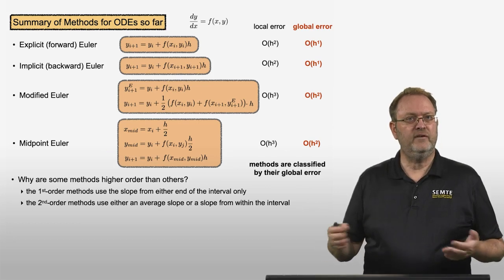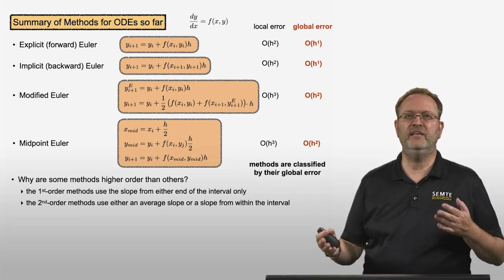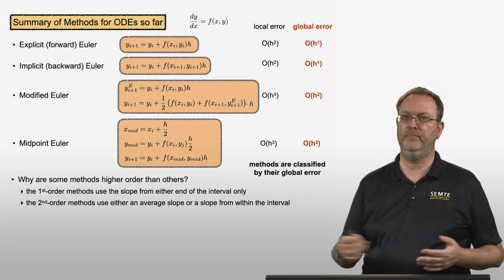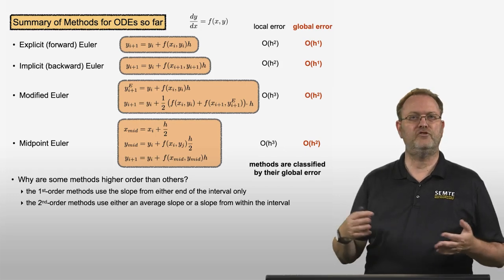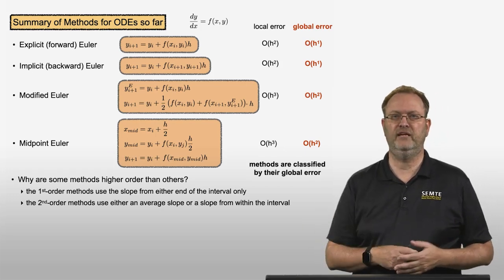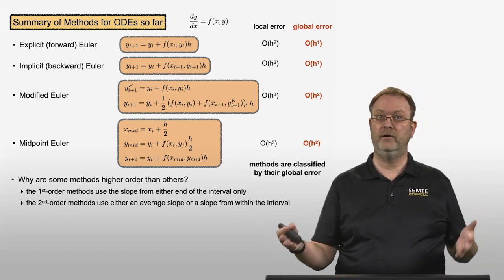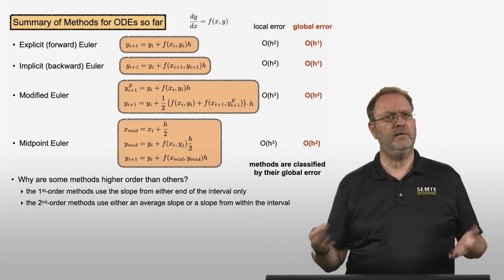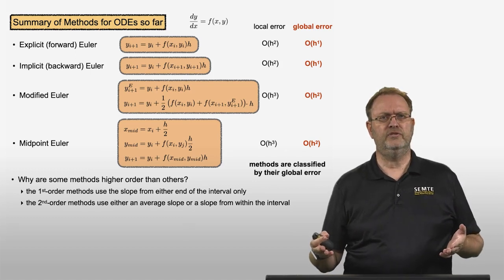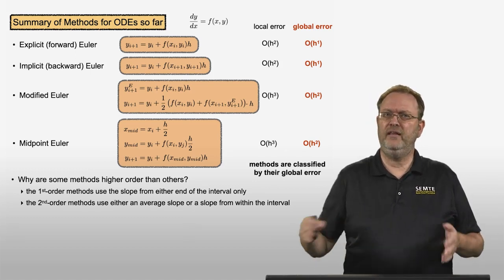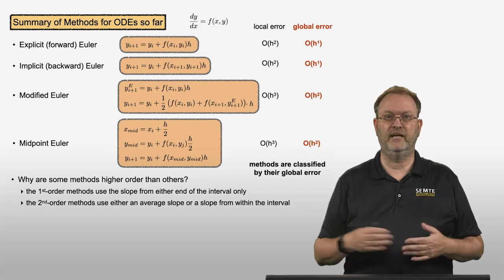Whereas these second order methods use either an average slope or a slope from somewhere within the interval. So the modified Euler method uses an average slope at the two endpoints. The midpoint Euler method uses a slope from within the interval from xi to xi plus 1, at the midpoint.